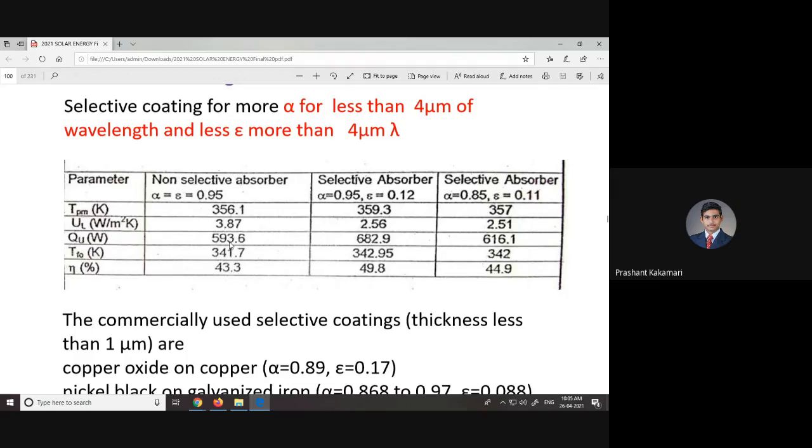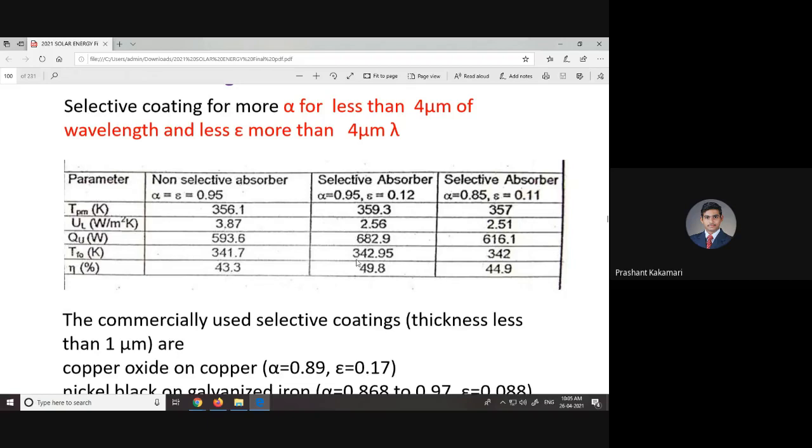Then heat transferred. Here it is only 593 watt, but in the selective coating, if you see, it is 682 and 616. Okay, for the same given area. Then outlet fluid temperature, if you see, without any selective coating, it is very less, 341.